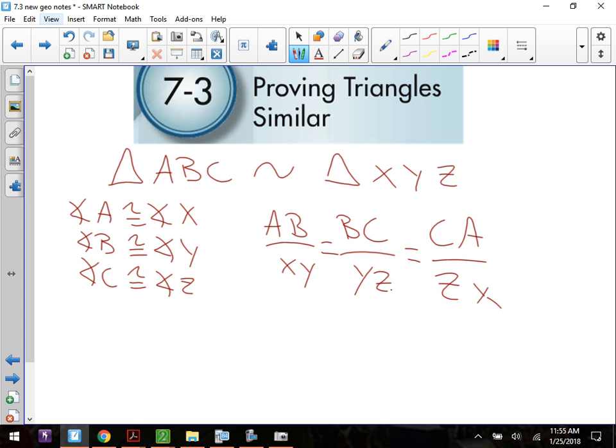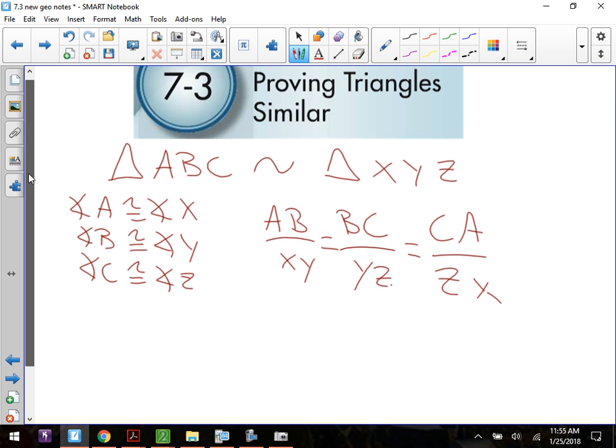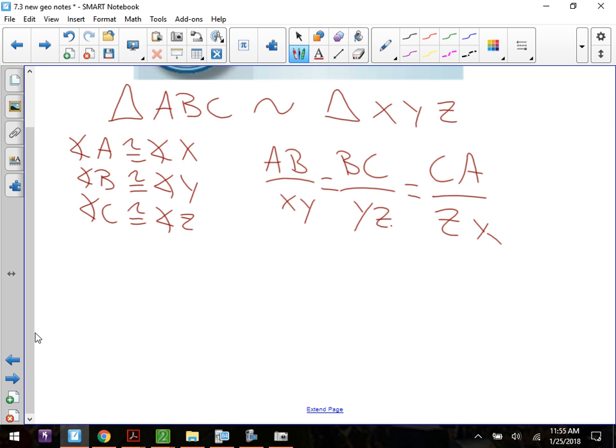When we proved triangles congruent, we had that alphabet soup: side-side-side, side-angle-side, and so on.